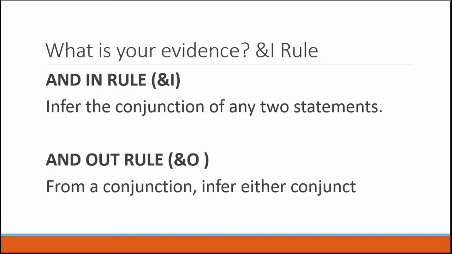They might seem overly simplistic, but remember that we are learning basic inference patterns, and basic inference patterns need to be self-evidently valid. What could be more self-evidently valid than if we have a conjunction, we can infer either conjunct, or if we have two statements, we can infer the conjunction of those two statements.